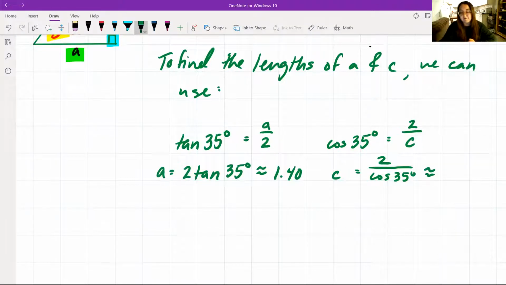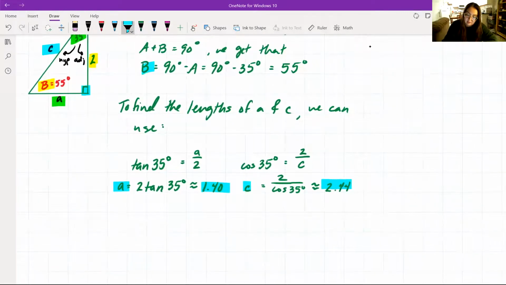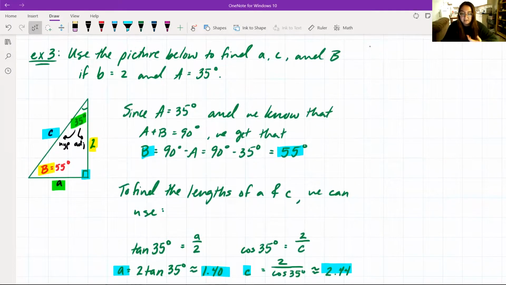Then for length C, if we plug in 2 divided by cosine of 35 degrees, this is going to give us a value of about 2.44. And that there gives us the values of capital B, lowercase a, and lowercase c.